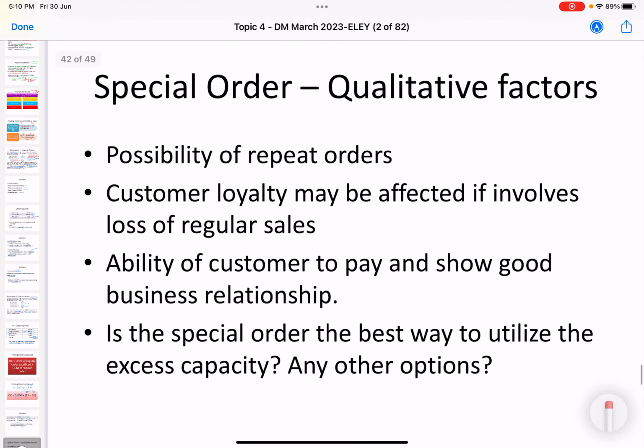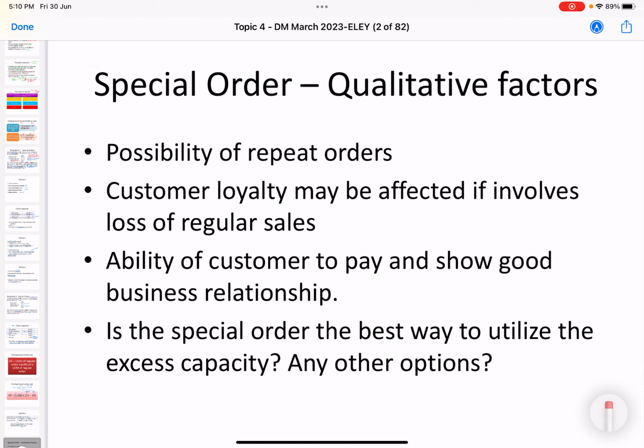Okay, so in order to close this subtopic, I will mention a few of the qualitative issues to consider. Number one is the possibility of repeat orders, meaning, does the special order have the opportunity to be repeated in the future?